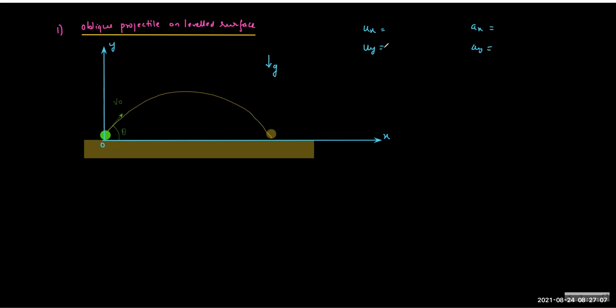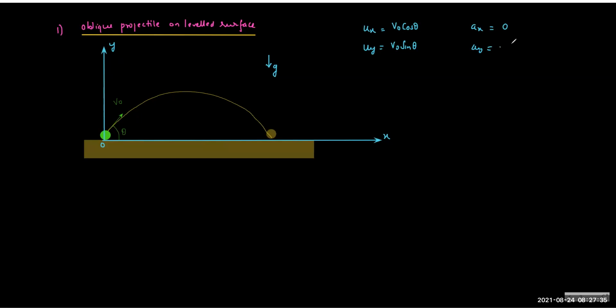So this is how we start with solving any numerical related to projectile. So what is ux here? It's V0 cos theta. What is uy here? V0 sin theta. And similarly, what is ax? Zero. And what is ay?